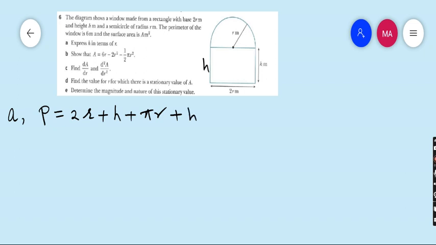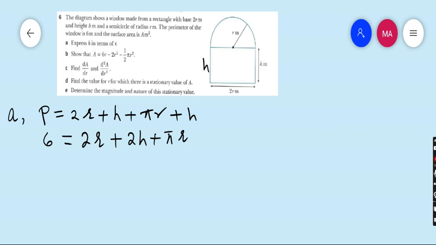Total perimeter is given as 6, so 6 is equal to 2r plus h plus h, that is 2h, plus pi r.